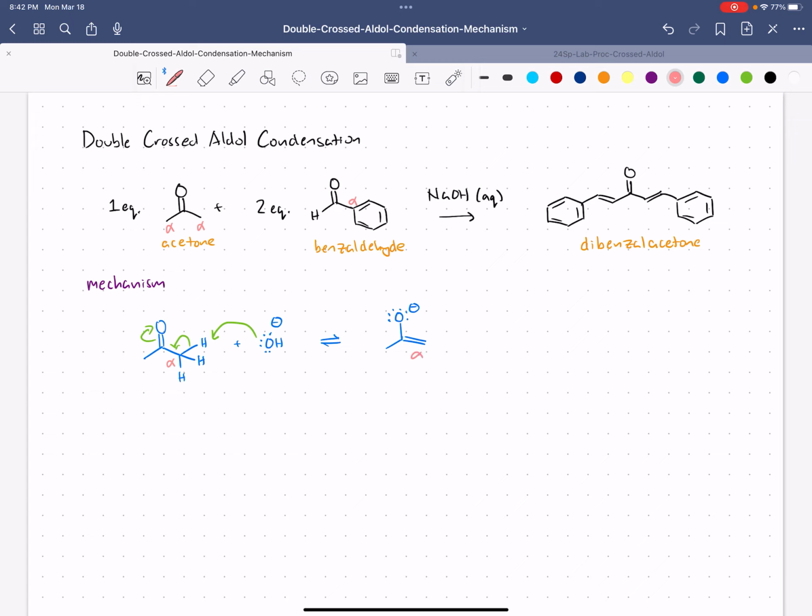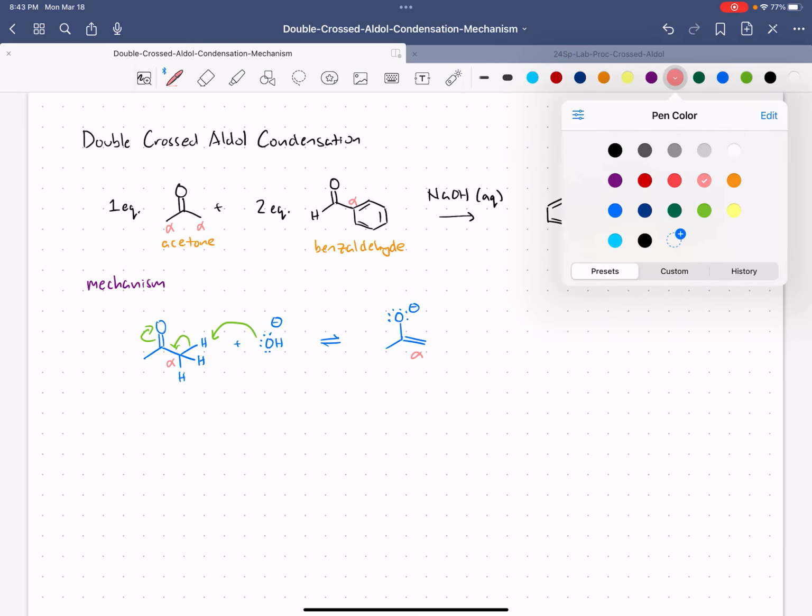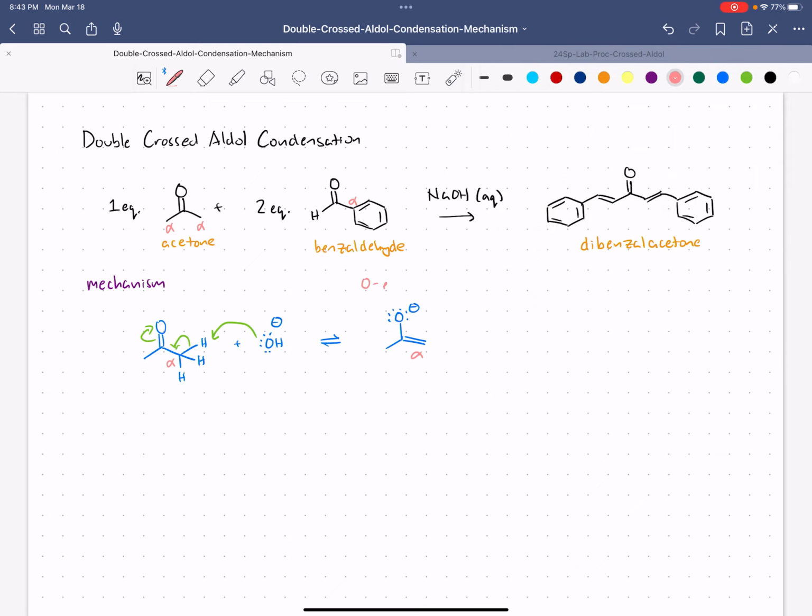Some textbooks, some websites also put the negative charge directly on this carbon here, but the O enolate is the more stable resonance structure for our enolate. Let me label it O enolate. We're going to be making this several times in the mechanism. Okay, we did create water in the step, so let me put water.